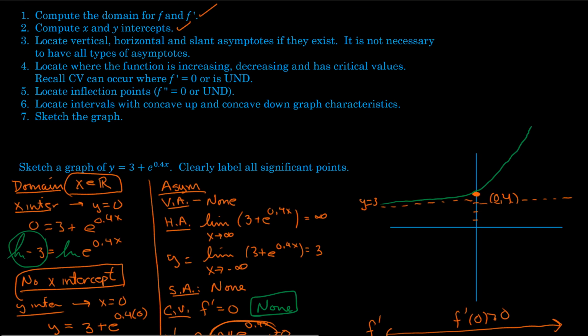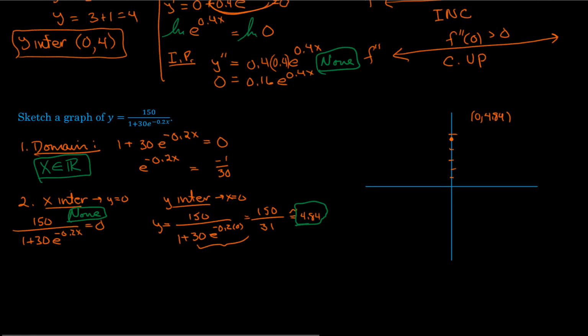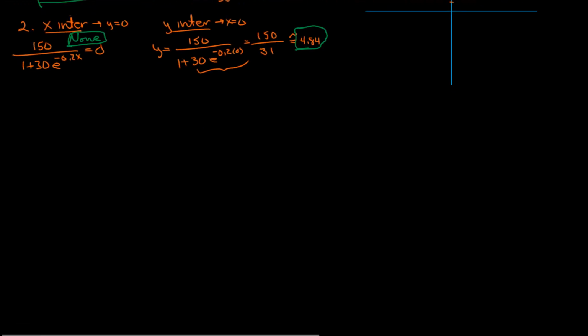Let's come back up here. We want to determine if there are any asymptotes. You can have them or you might not have them. So the next thing we're going to do, number 3 on the list, is asymptotes. First thing I'm going to look for is vertical asymptotes.